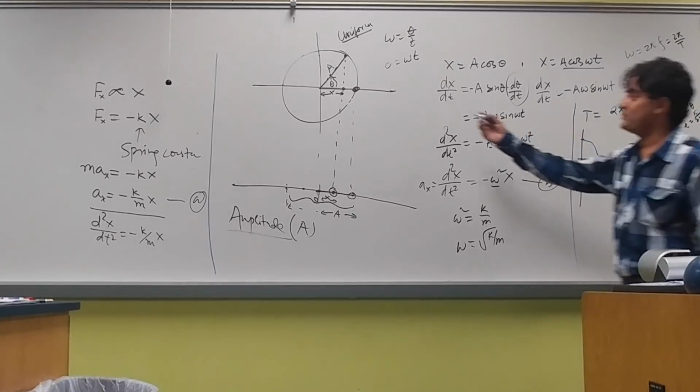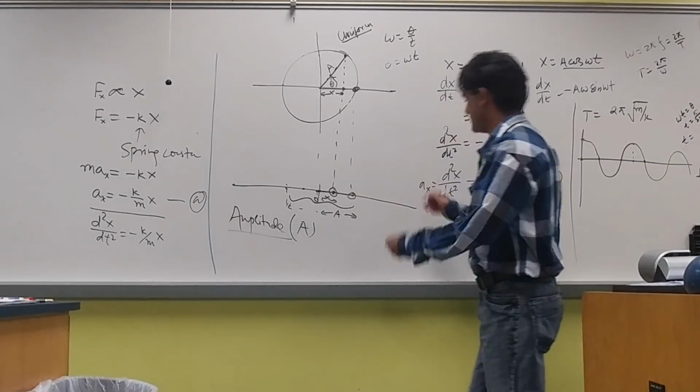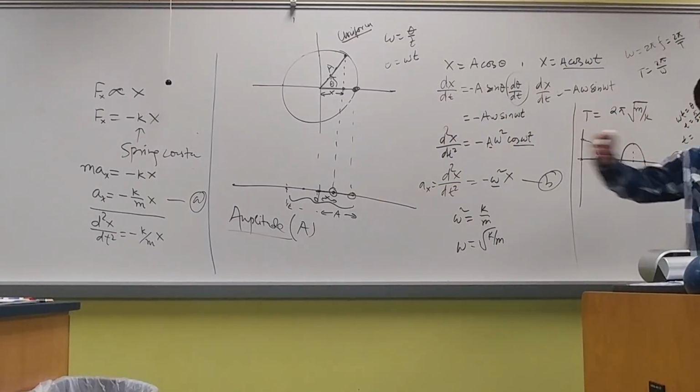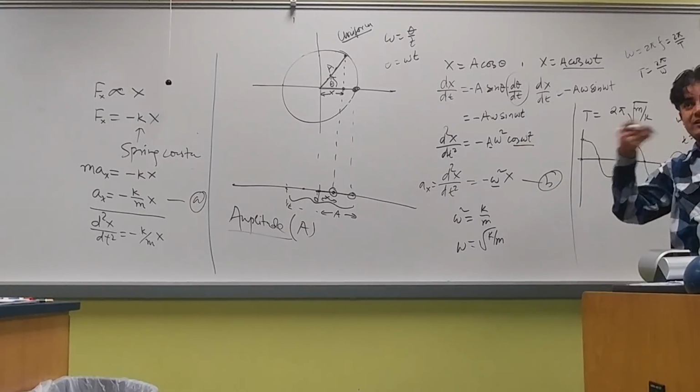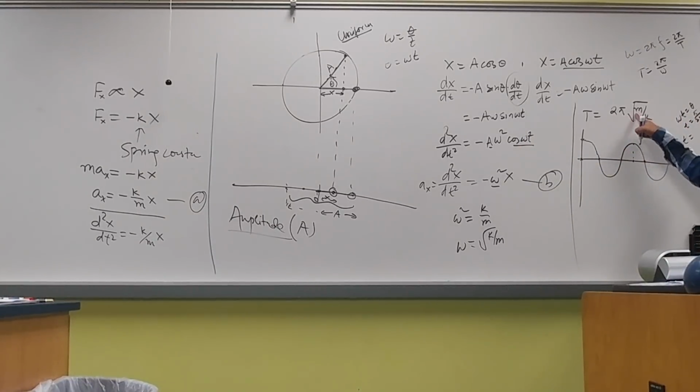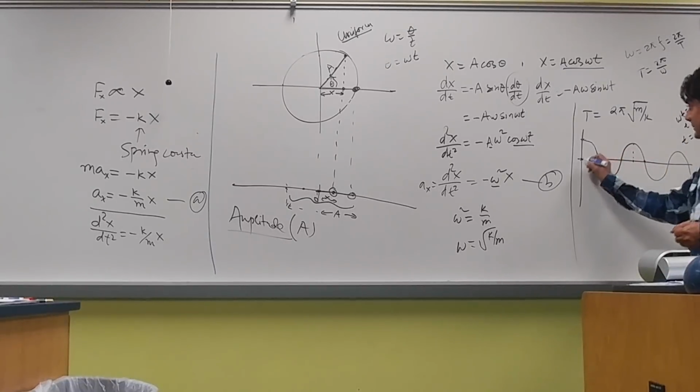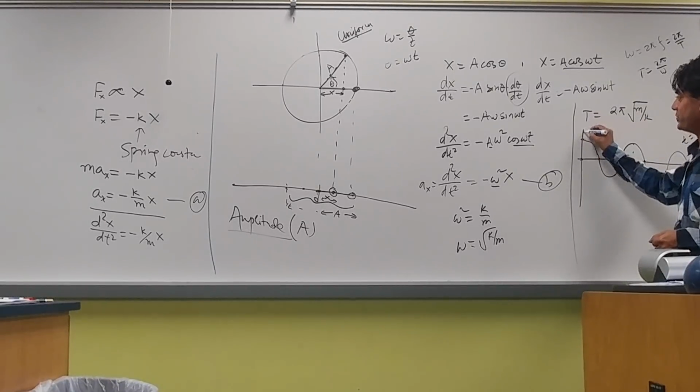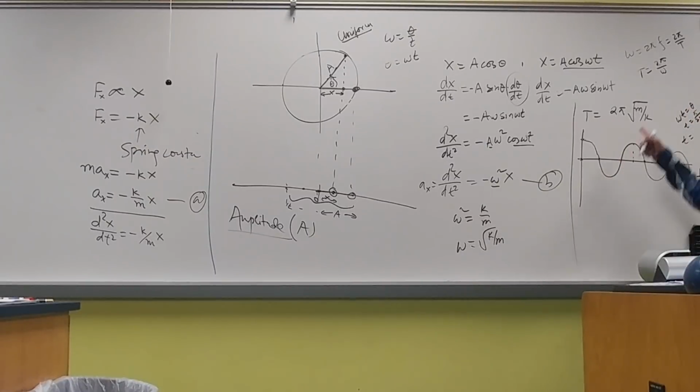So in a spring, if you pull more amplitude for the same spring, for the same mass and the same K, your amplitude will be more, but your time period will not change, because it is not amplitude dependent.